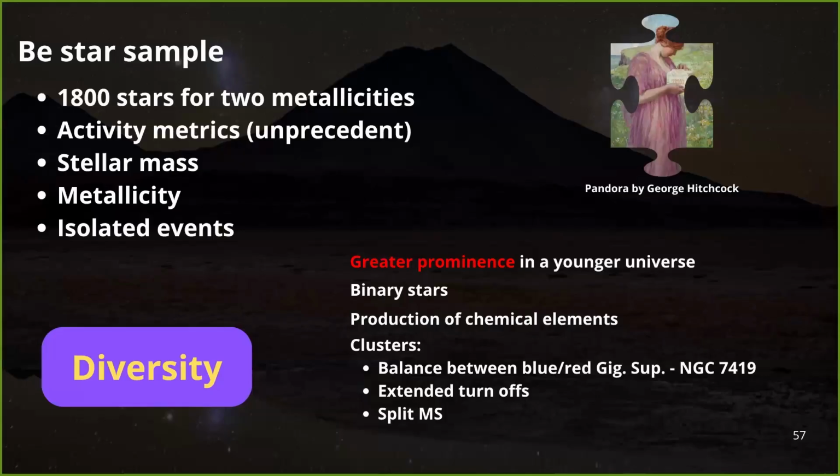And this can help us to understand if they, for instance, imbalance the blue and red supergiants observed in some clusters. B stars can also be behind the extended turn-offs observed in some clusters, and also the split main sequence observed for some of those targets.